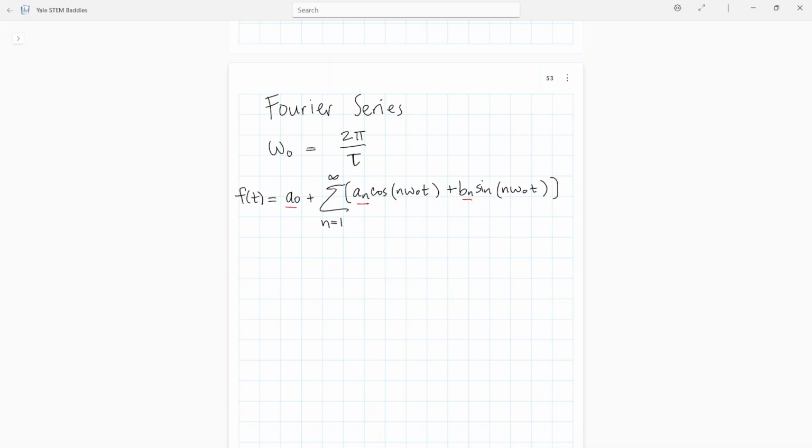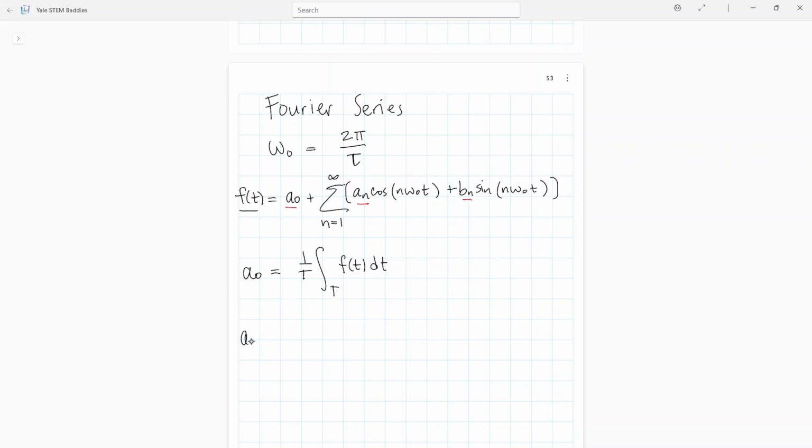If you take a signals class, you'll learn that this first term, a sub 0, is just equal to the average value of the function of interest over one period. So it's the integral over one period of f of t dt, and then you divide by the period. That's the classic definition of the average value of a function.